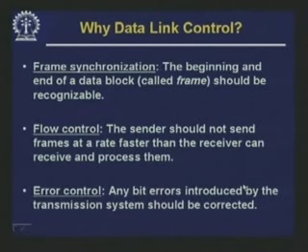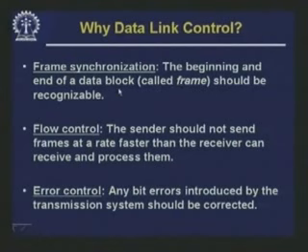Now, why do we require any kind of control in the data link? These are the main points, or these are the main functions of the data link layer. So, actually not all combinations are used in all situations, but these are the general categorization of the kind of thing that we would be concerned with in data link layer. One is frame synchronization. That means, the beginning and the end of a data block called frame should be recognizable, alright.